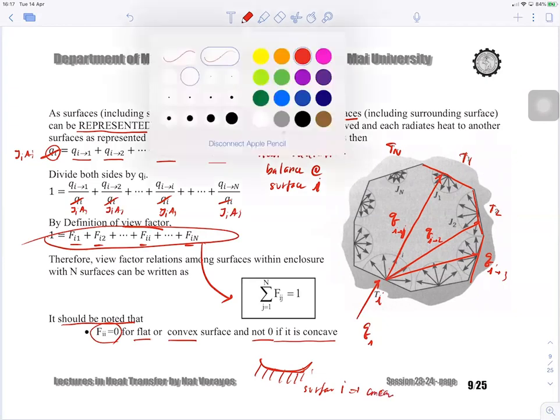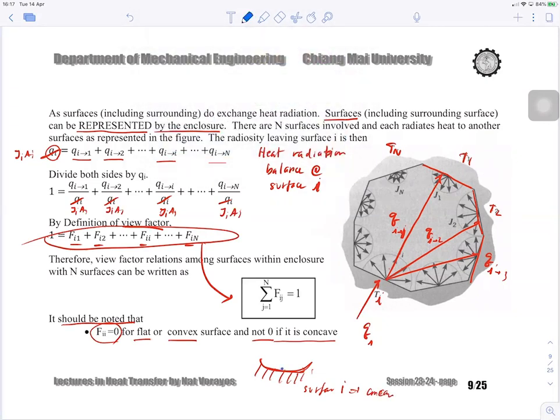Then it is possible that some radiosity coming out will arrive at itself. So in this case Fii will not be 0, but for the flat plate or the convex surface, in both cases, Fii is going to be 0. Okay, understood?